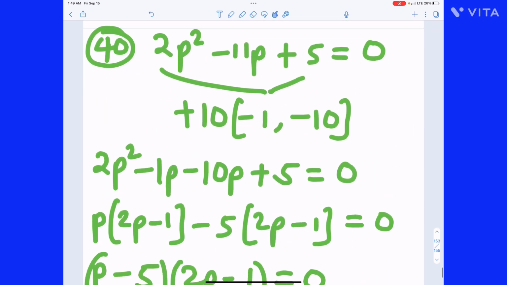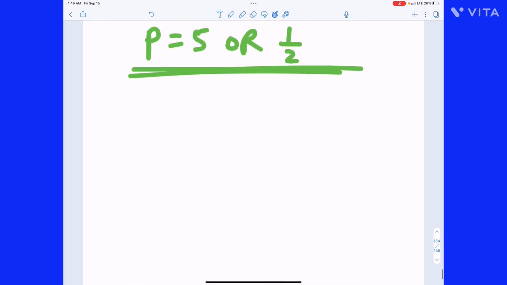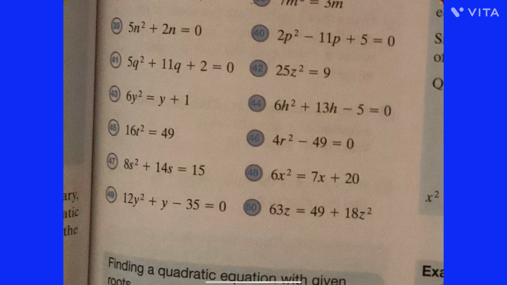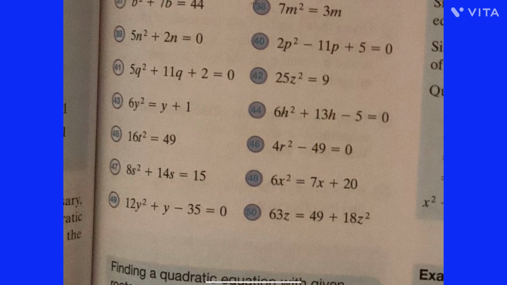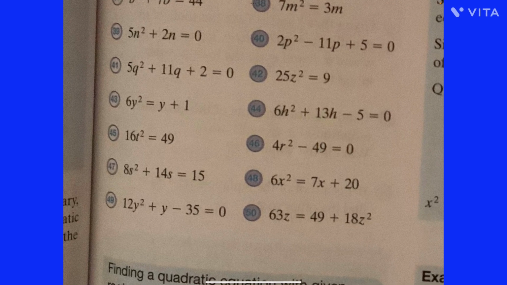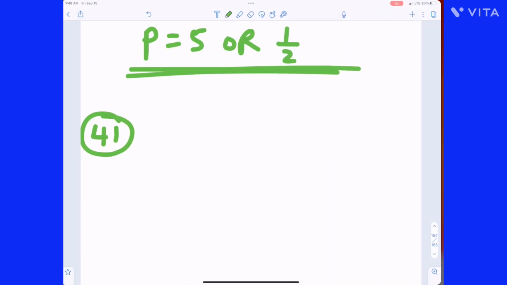So we are making progress. Let's just keep trying. 5 cubed squared plus 11 cubed plus 2 is 0.